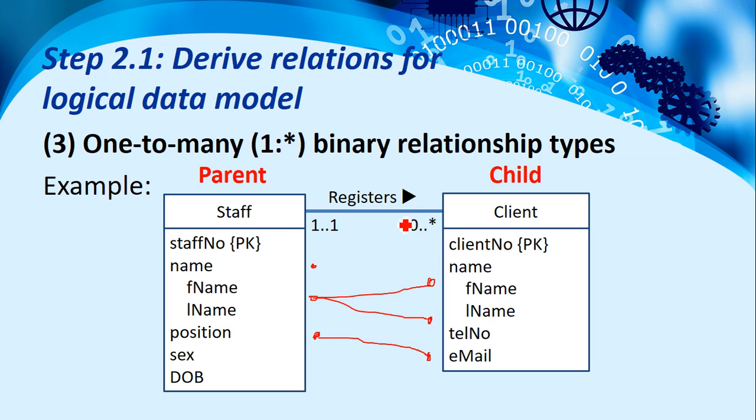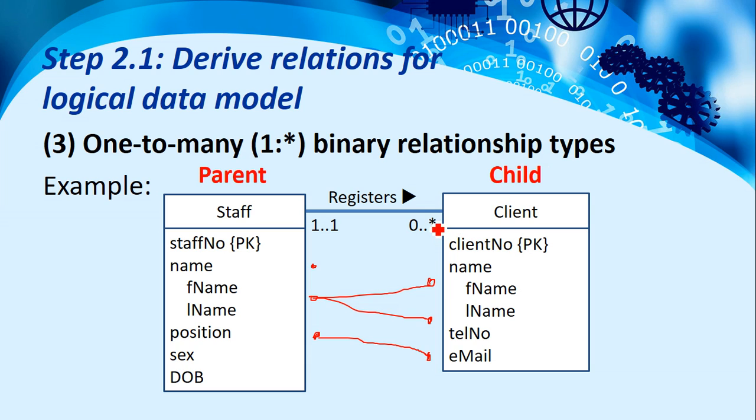This is another way to identify which is the one side and the many side. If you can identify which one has the asterisk, this asterisk represents the many, zero or many, so automatically this one right here is our child.